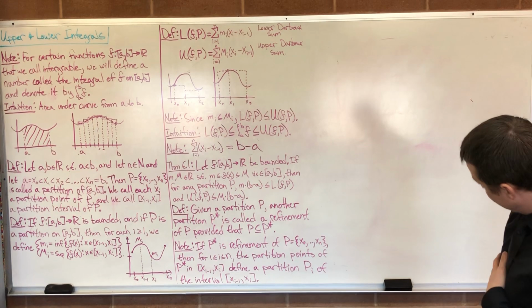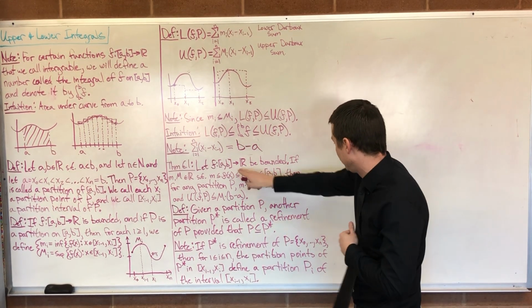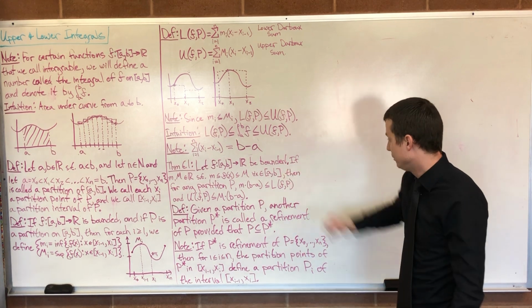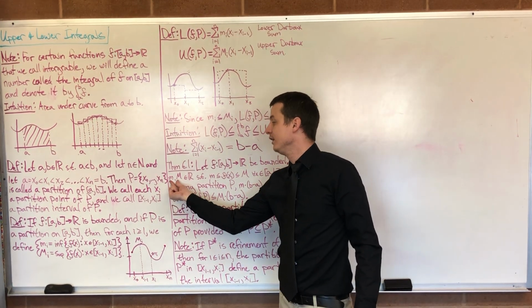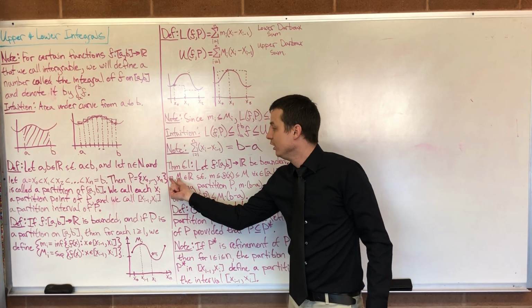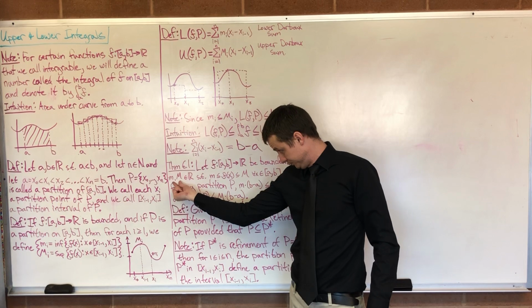Our first term. So let f be a function on a closed bounded interval R. Bounded was there. If we find two numbers, m and big M, notice that they don't have their subscript, so they're not necessarily what we're talking about over there.